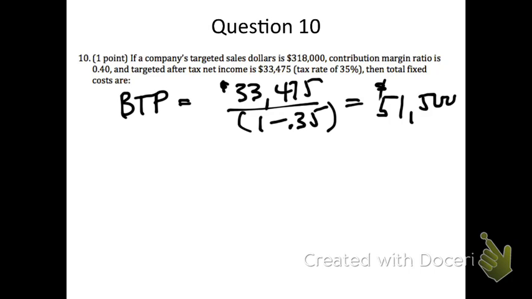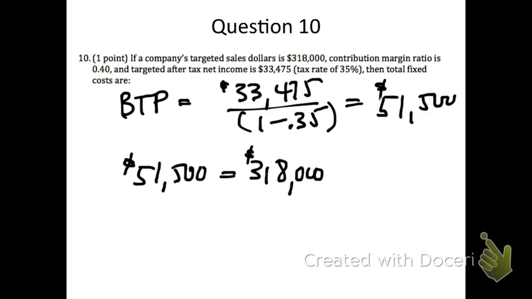So again, our operating income equation, we know that our before-tax profit is 51,500. Our targeted sales is 318,000. If our contribution margin ratio is 0.4, then our variable cost ratio is 0.6, and so that minus fixed cost.